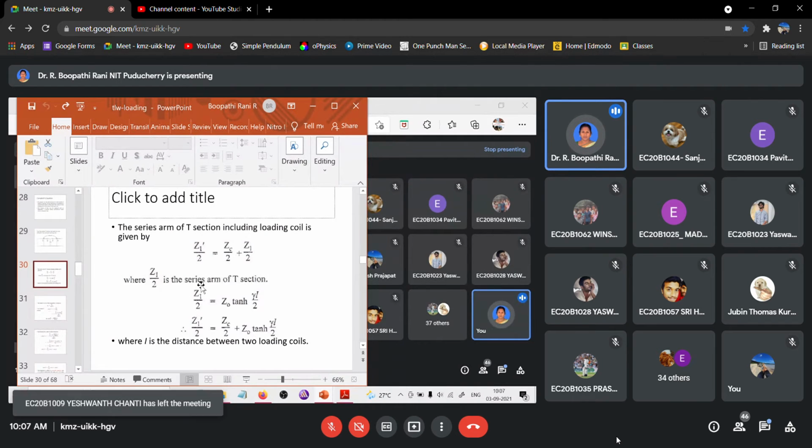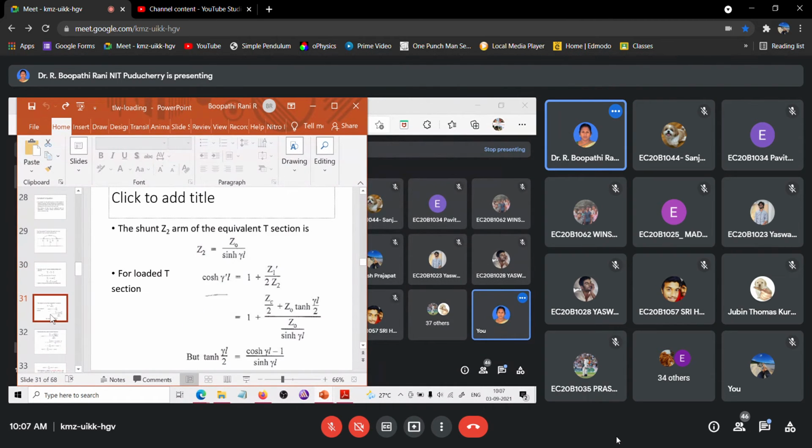And we already know that Z1 by 2 is related to the secondary constants of a transmission line in this form: Z0 tanh(νL/2), where L is the distance between two loading coils. Then the shunt arm has impedance Z2, and we know the relation Z2 equal to Z0 by sinh νL.